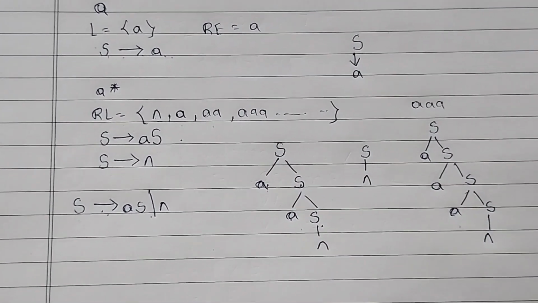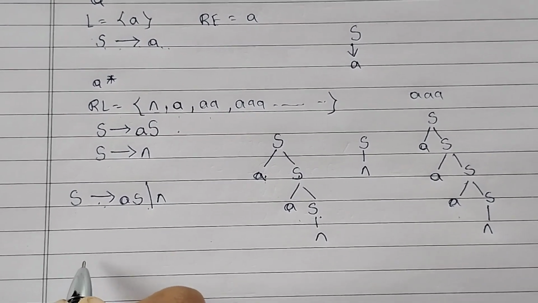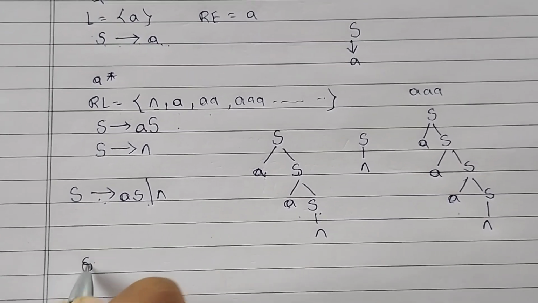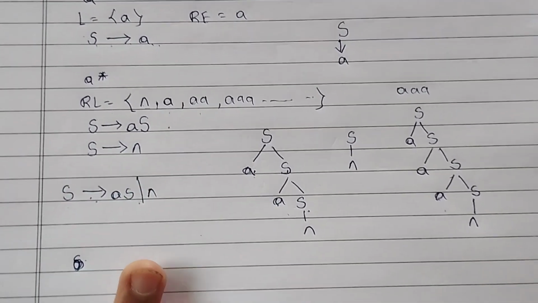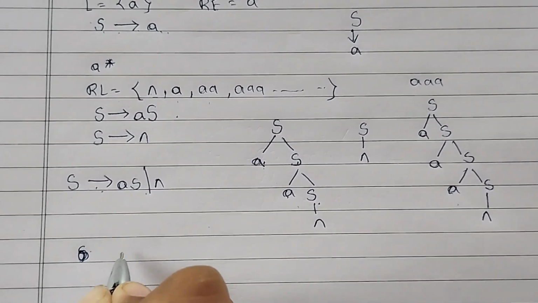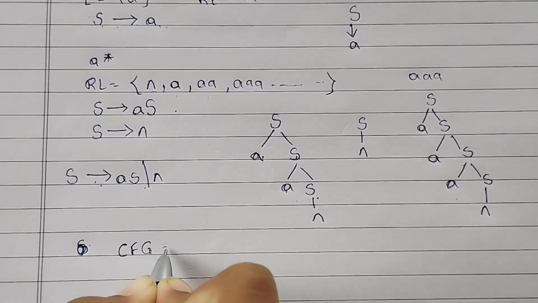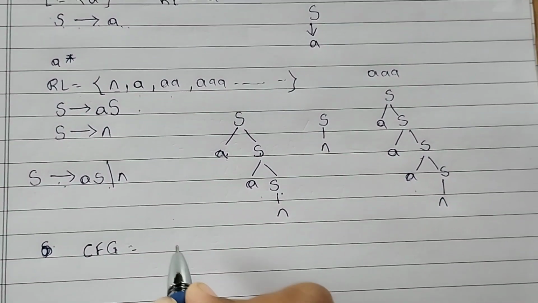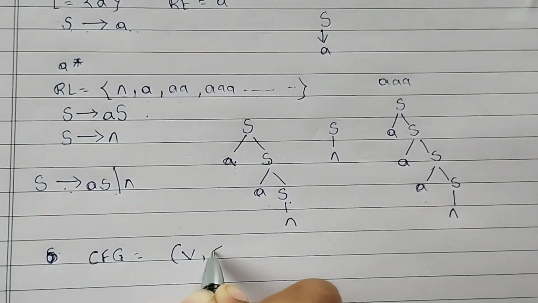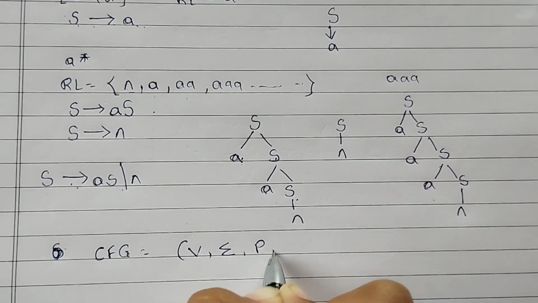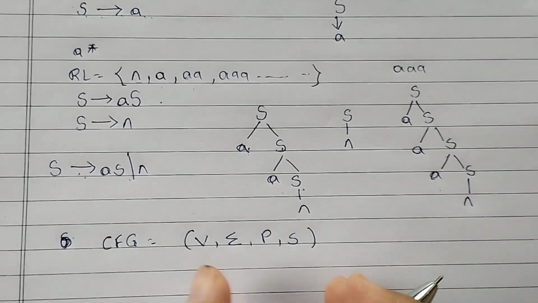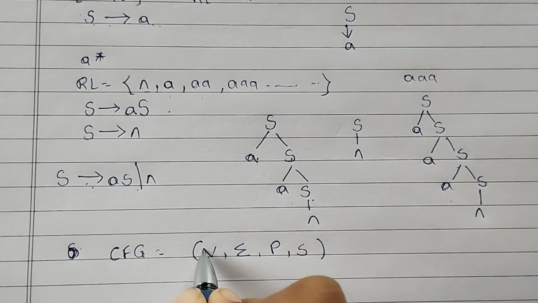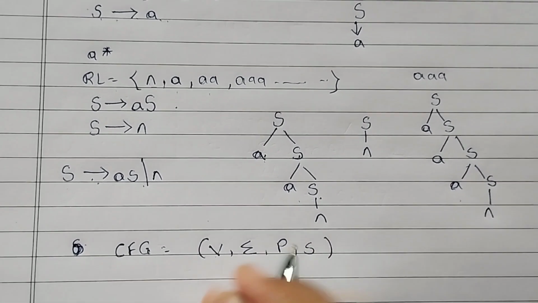We see one more example. Now we write the CFG also, so you get the idea. So CFG is nothing but V, sigma, P, S. Now the meaning of this: V means variables, which are the capital letters.